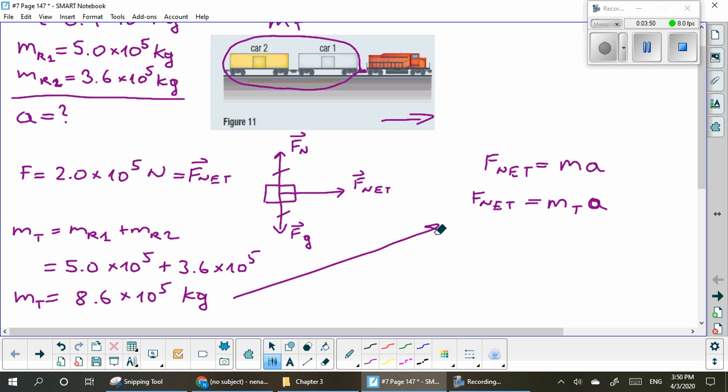So our F, like we said, is 2.0 times 10 to the power of 5, and that's going to be equal to 8.6 times 10 to the power of 5 times acceleration.